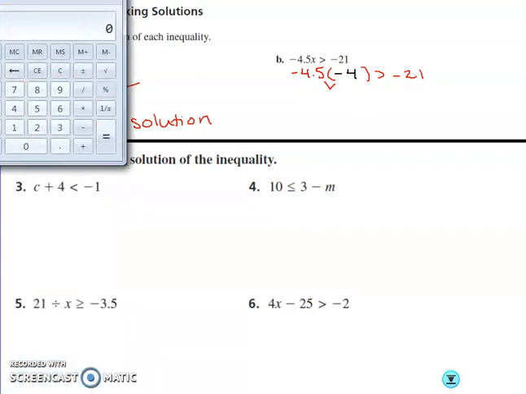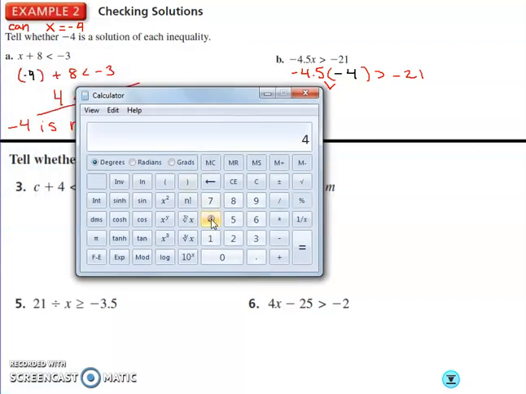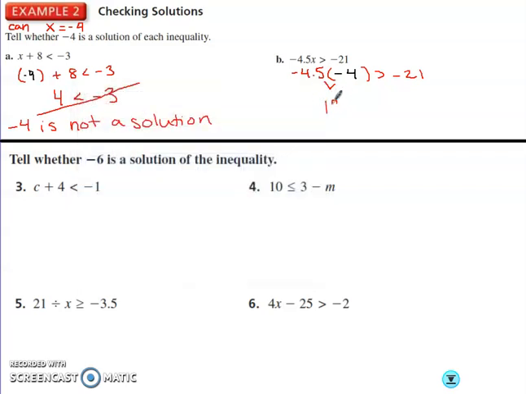If you want to use a calculator, you can. 4.5, it does need to be negative, times negative 4 is going to give me positive 18. Positive 18 is greater than negative 21 is the claim. And I'm going to agree with that because positive numbers are greater than negative numbers. So in this case, negative 4 is a solution to the inequality.